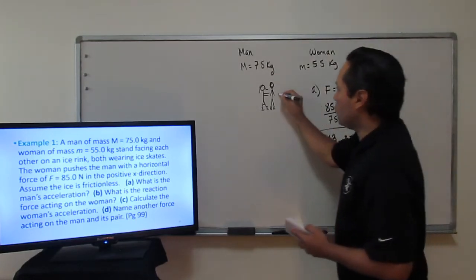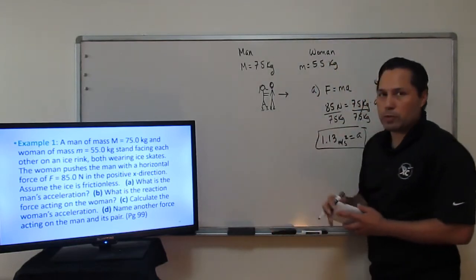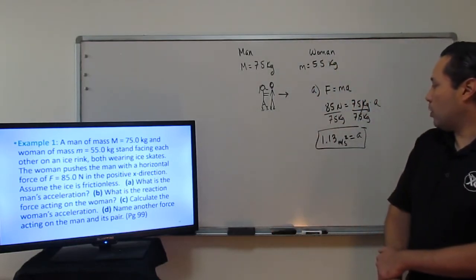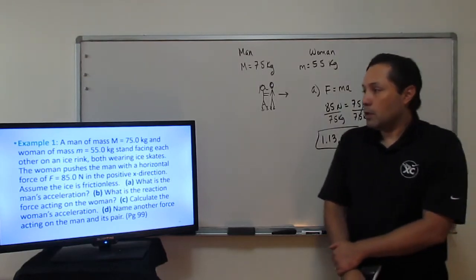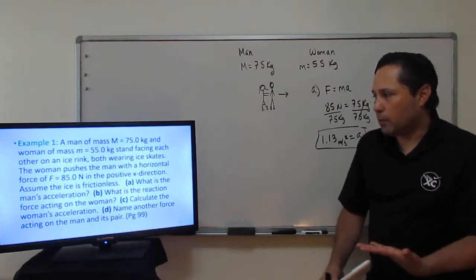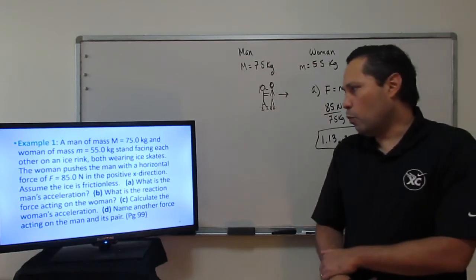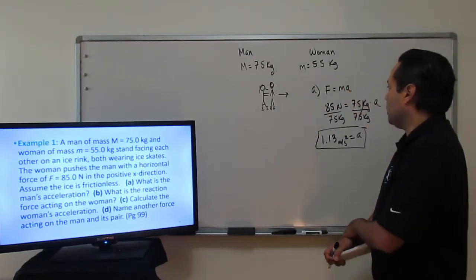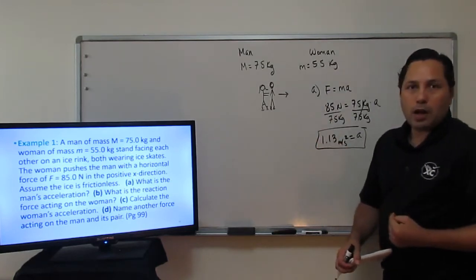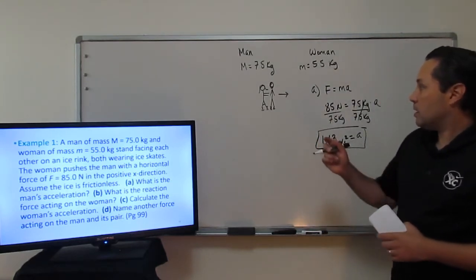His acceleration towards the right, because she pushed him towards the right, is 1.13 meters per second squared in the positive direction. Part B, what is the reaction force on the woman? She put 85 newtons of force towards the right, which is positive.